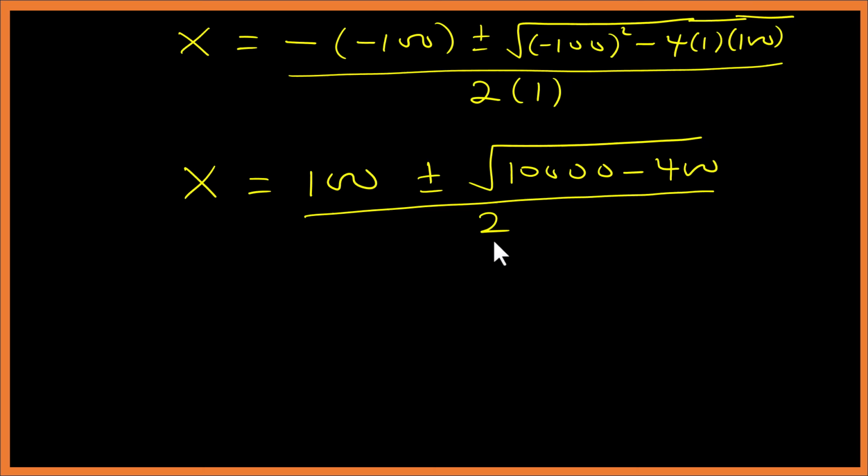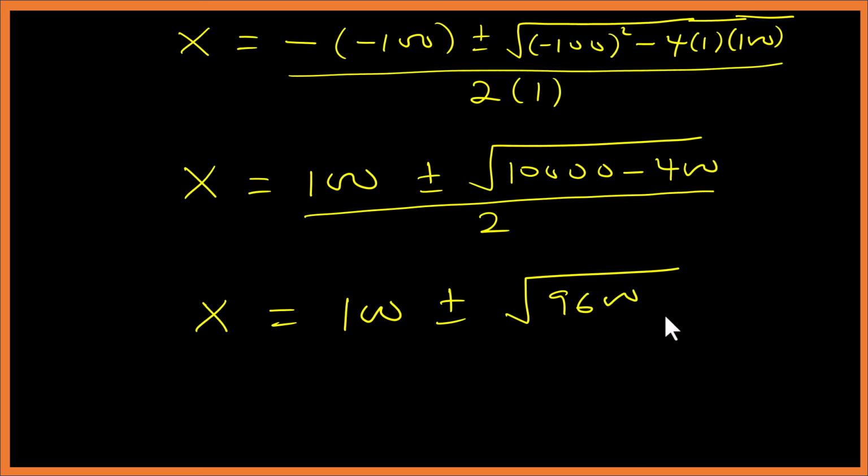So 10,000 minus 400, my x will be 100 plus or minus the square root of 9,600, on 2.